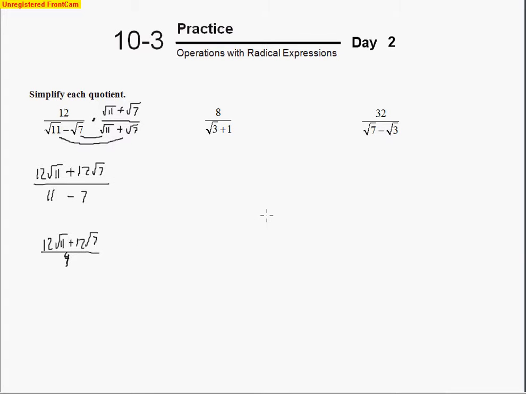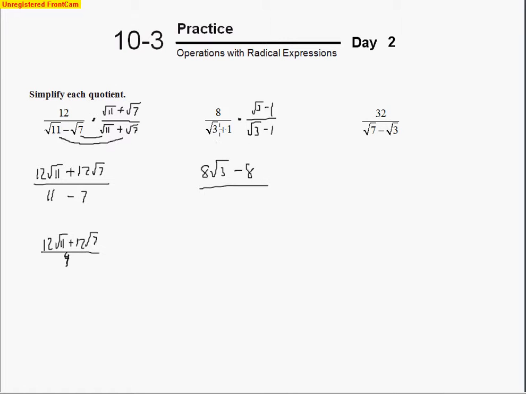And when we go ahead and multiply here, I'm going to multiply by a conjugate that's going to cancel out the square root of 3 and the 1. And in this case, I'm not going to cancel out the 1, but I don't want to have a radical at all in there, so I'm going to multiply by a conjugate. And I'll do the same thing on top to keep it all in balance, to keep it 1. And I'm left with 8 square roots of 3 minus 8.